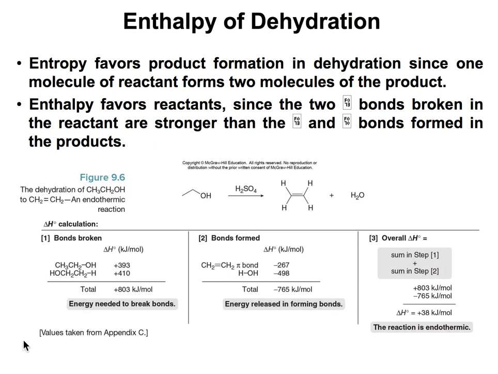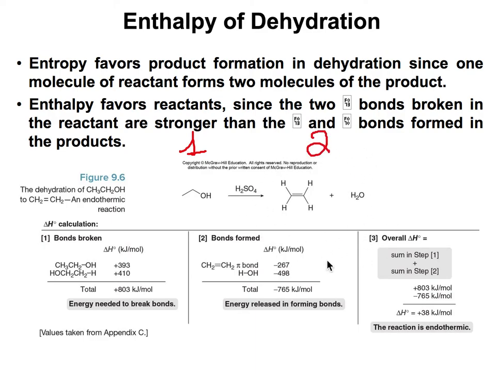Now, here we have a kind of contradiction, because the entropy of this reaction will favor the product formation. In the dehydration, we start with 1 molecule and end up with 2, so the entropy will increase.